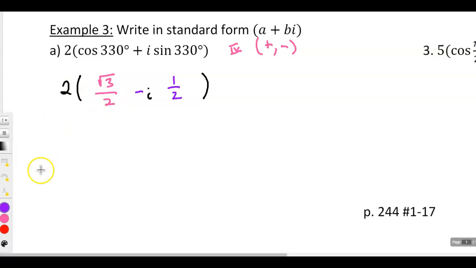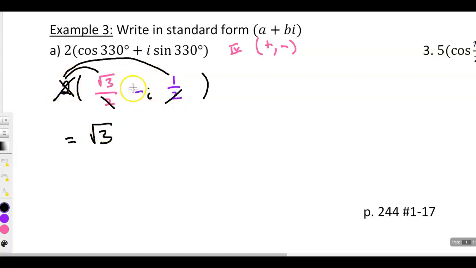This just turns into a basic distributive property. So multiply by 2, multiply by the radius. So of course, when you multiply these together, 2's cancel out. Root 3. And you multiply these together, 1/2 times 2, of course, 2's cancel again. So we'll have negative 1i.